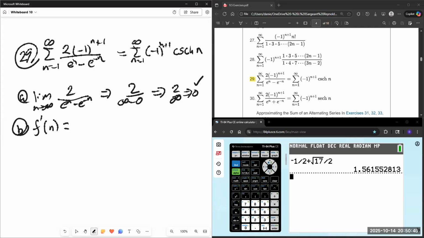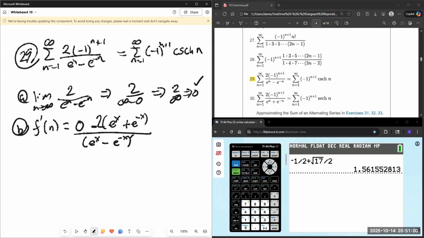So derivative of the top times the bottom minus derivative of the bottom times the top, all over the bottom squared, is going to be a positive and a positive together, that won't ever be 0.